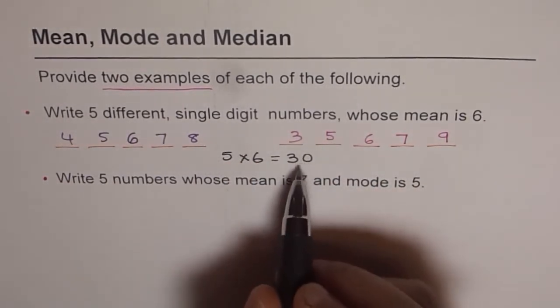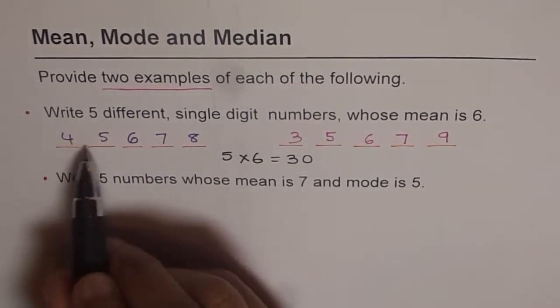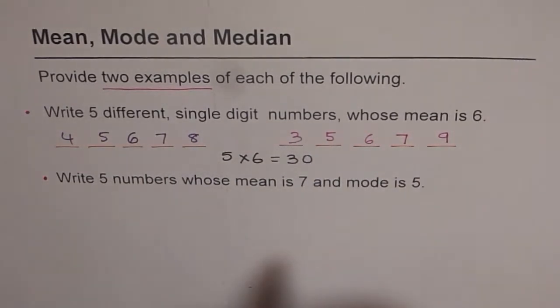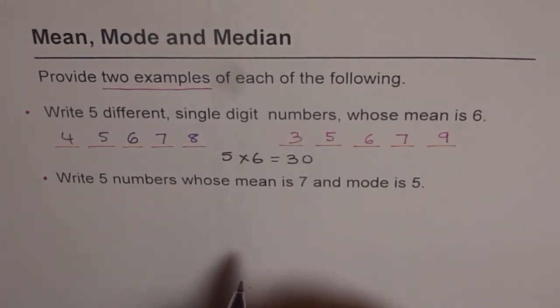Only then 30 divided by 5 will give you 6. Therefore, you should check your answer. Add these 5 numbers and also those 5 numbers separately, and check if you have a sum of 30 or not. These are important things to check in the test paper. I hope you understand and appreciate it.